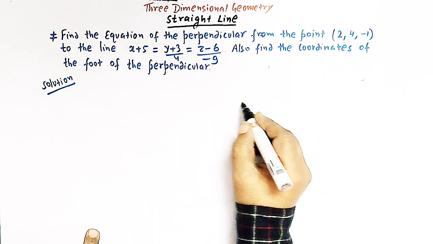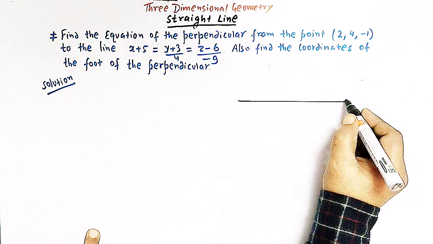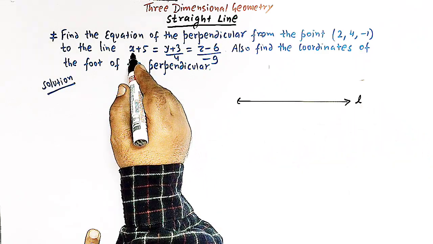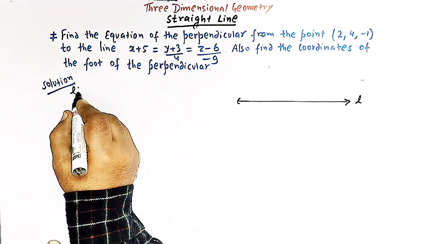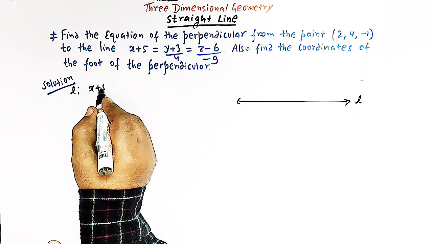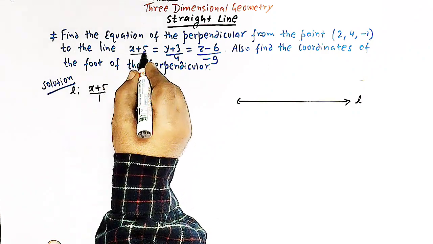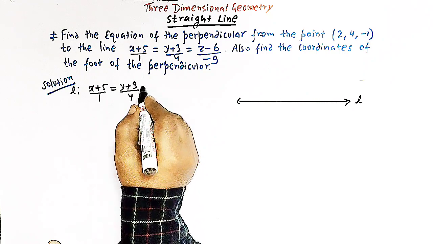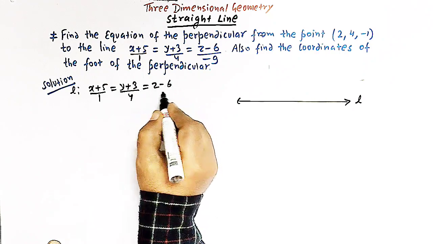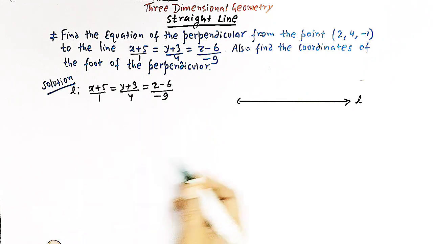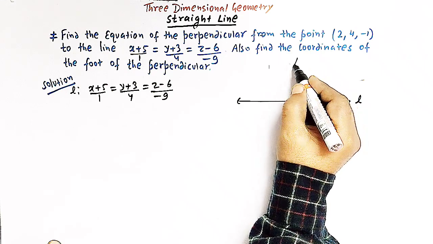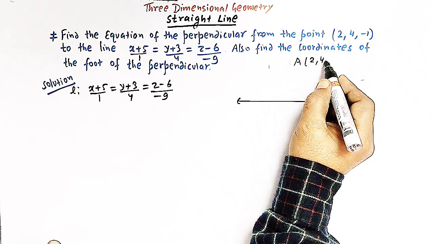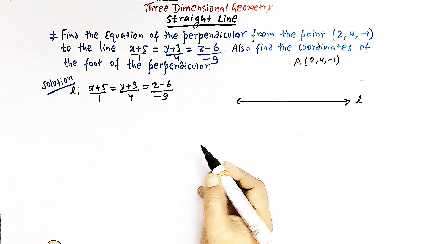So here we are given a line, and suppose this line is L, and the equation of the line L is given as (x plus 5)/1, where we can take 1, and then (y plus 3)/4 and (z minus 6)/(minus 9). And here we are given a point, say A, whose coordinates are 2, 4, minus 1, right?